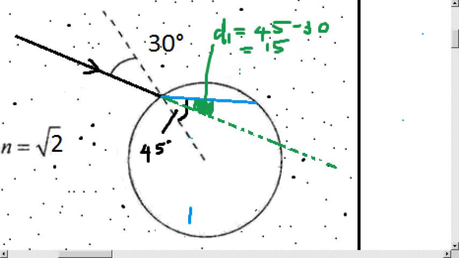Then we have to draw the normal to this place to find out where it goes. So the emergent ray must bend towards the normal, because this one is the denser medium, and it came from the rarer medium, so it should bend like this.